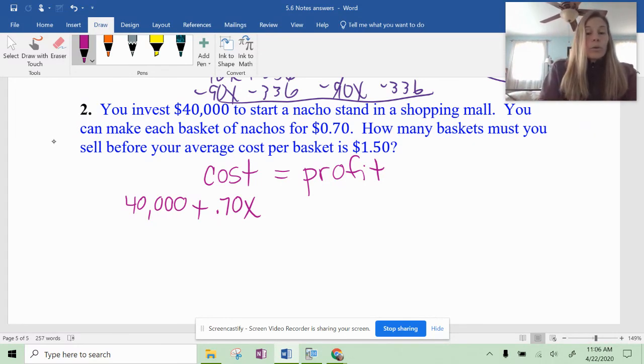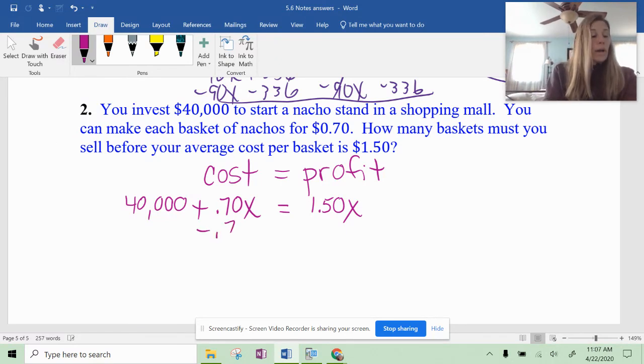And our profit, so how many baskets must you sell before your average cost per basket is $1.50? I think they mean how much are you going to make. So you want to know, when is that going to equal the 150x?